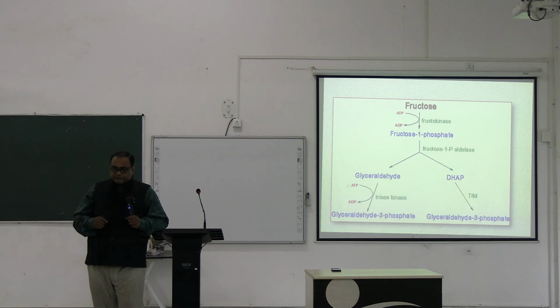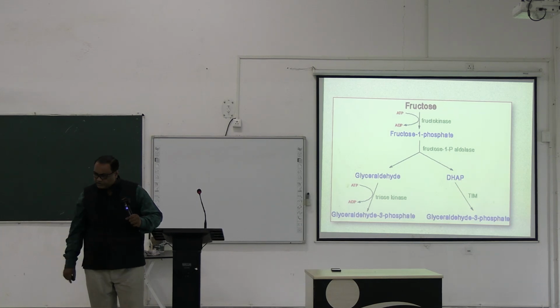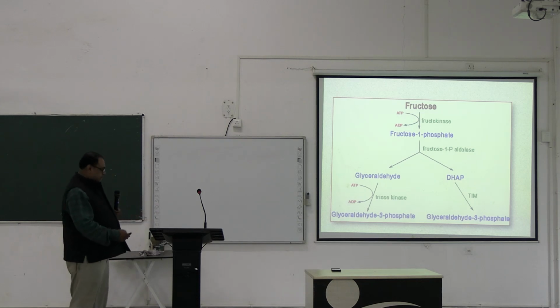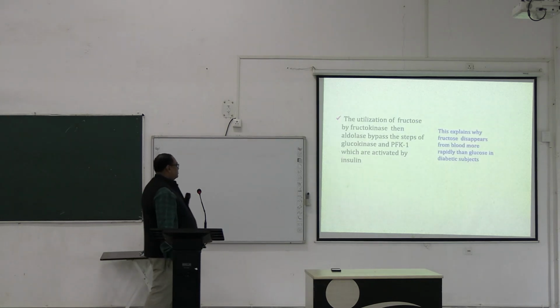Correct? The uptake of fructose is much higher. Correct? That is why they say carve out sugar from your diet in order to reduce weight, triglyceride particularly. Right? Now we'll see the different aspects of this metabolism.